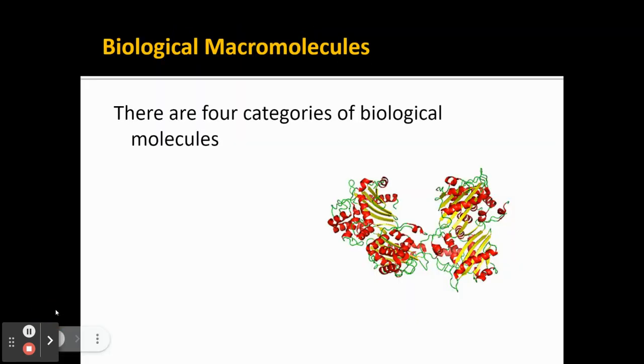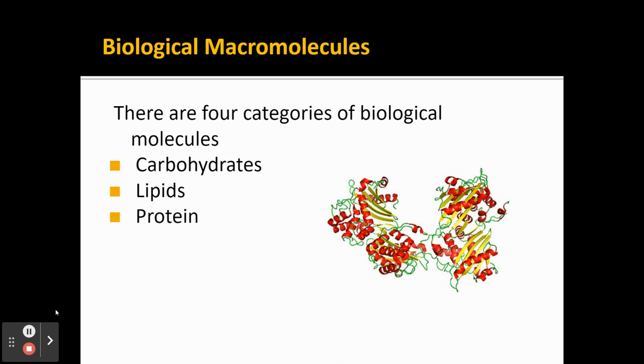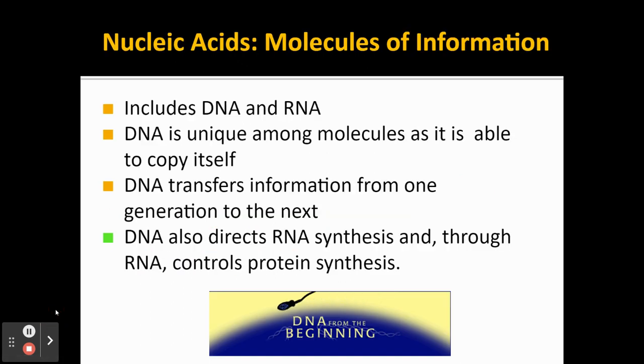So we've already talked about three of the categories of biological macromolecules: carbohydrates, lipids, and proteins. Today we're going to focus on nucleic acids. Again, they are the molecule of information, the molecule of heredity.